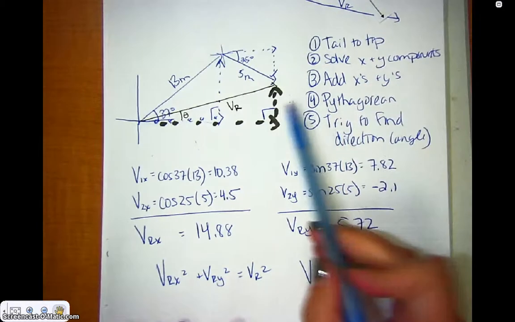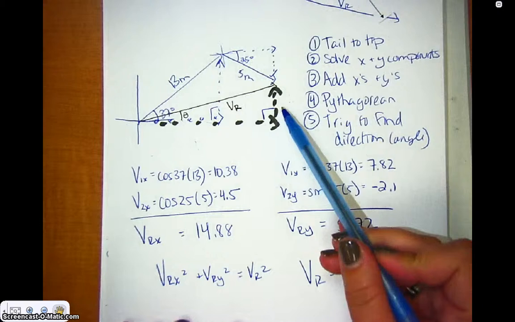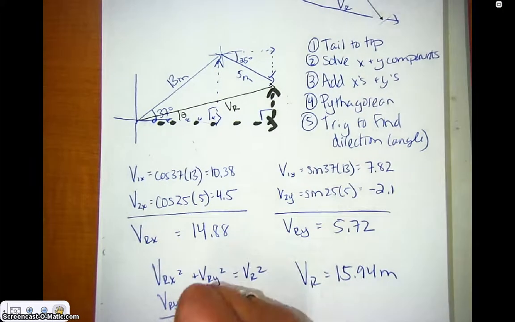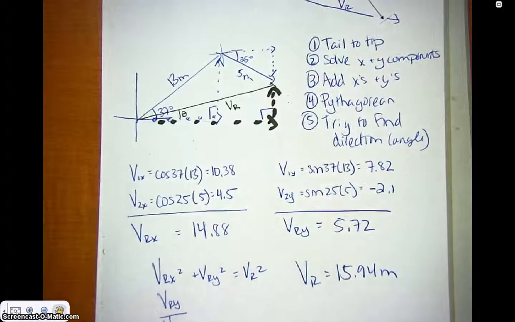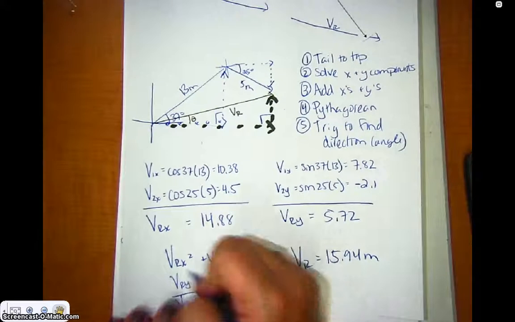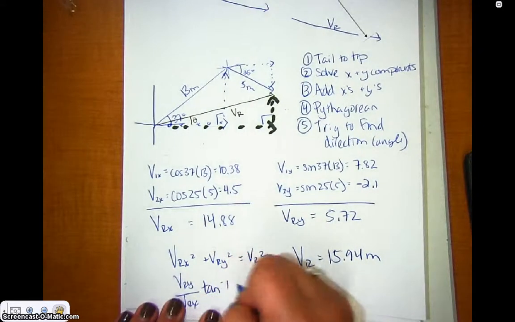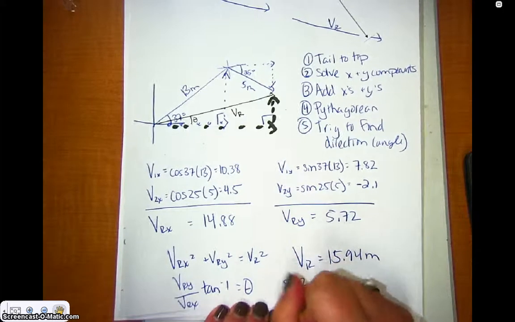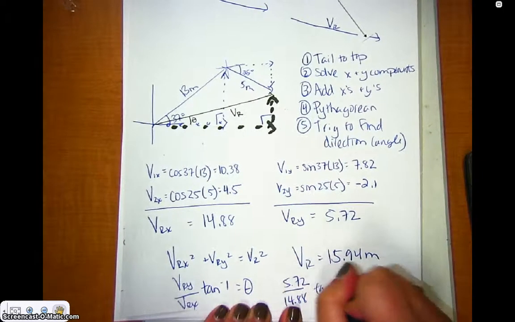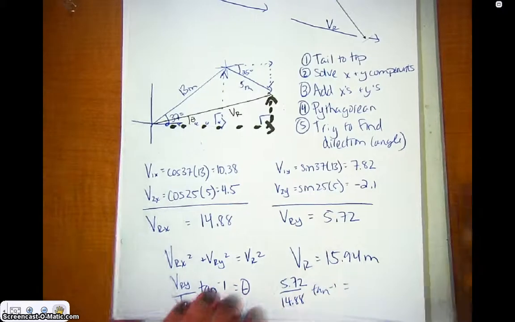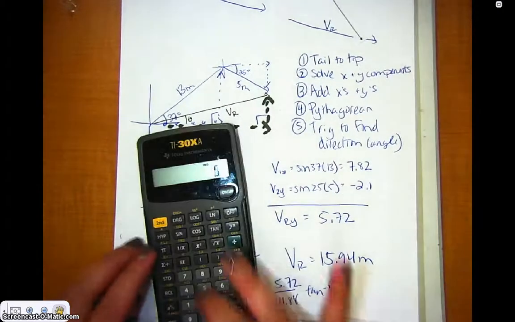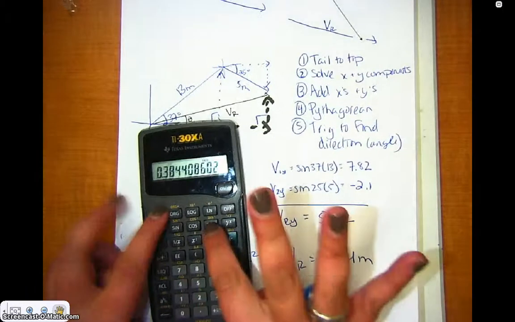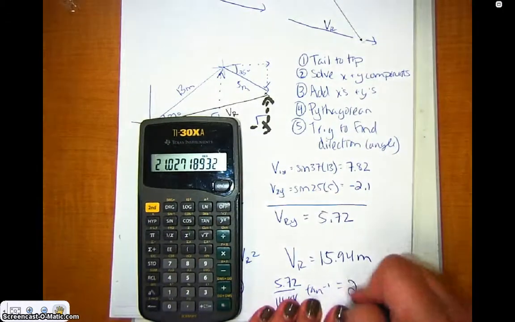You have the opposite, which is my vector resultant y, over my adjacent, which is my vector resultant x, and it's opposite over adjacent, so I'm going to do tan to the negative 1, and that would give me theta. So tan inverse of 5.72 divided by 14.88, and I get 21 degrees.